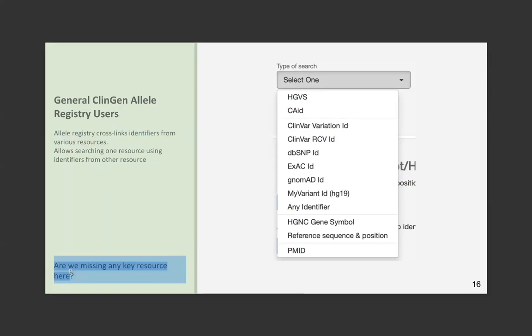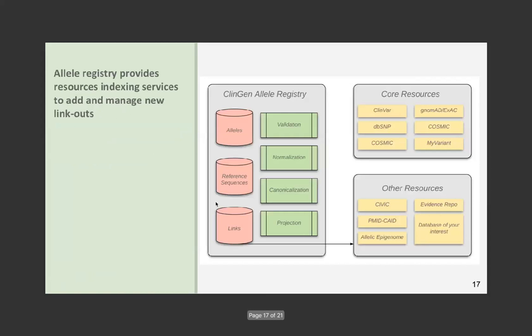We all know that these resources are not exhaustive, and it is likely that you might want to add many more resources. So we have a way for that, and that's what I have shown in this slide. On the left panel there are three key databases in the ClinGen Allele Registry.